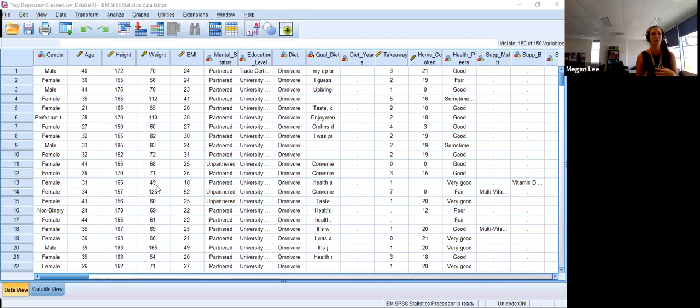So if you've got a question like, is there a difference between these groups and diet and depression, then I'm going to show you how to do descriptive statistics on that type of data as well. So the first type will be if you've just got a plain question about predictions and relationships, and the second will be if you need to split them by different groups. Cool.